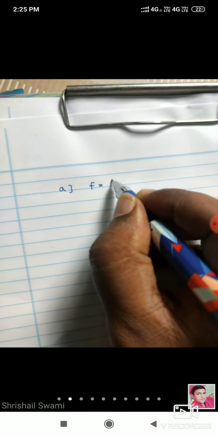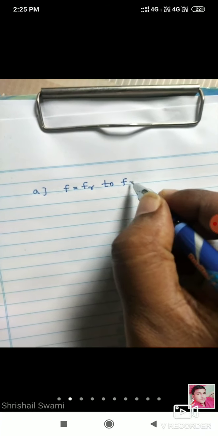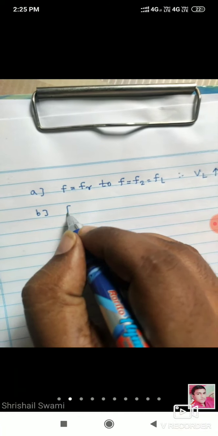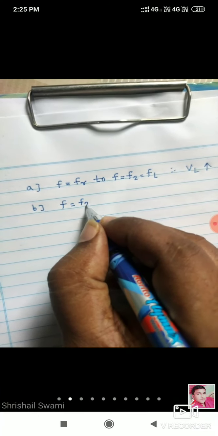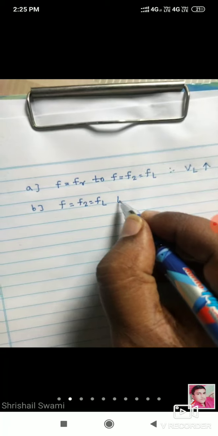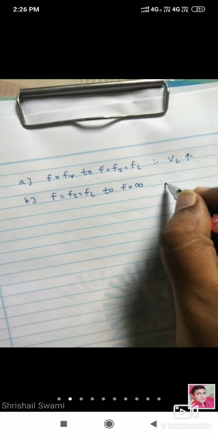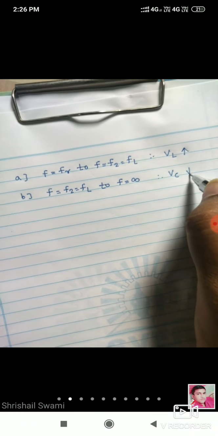So I will write two points here. When the frequency is between F is equal to FR to F is equal to F2 equal to FL, in this case VL is going to increase. And the second point, when frequency is F2 is equal to FL to F is equal to infinite, in this case VL is going to decrease.